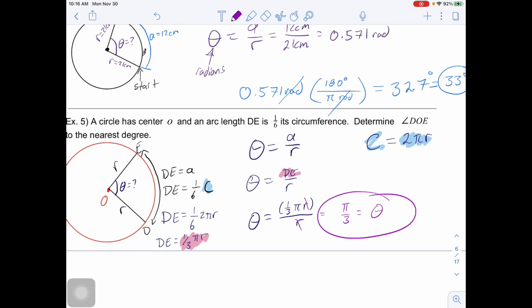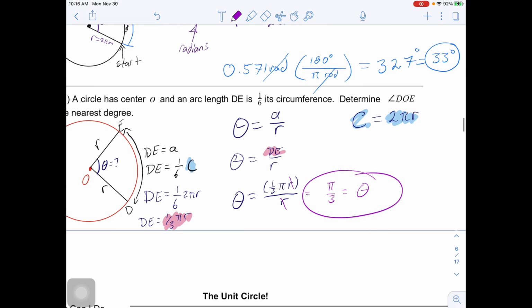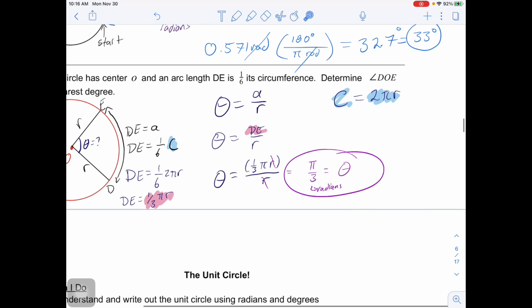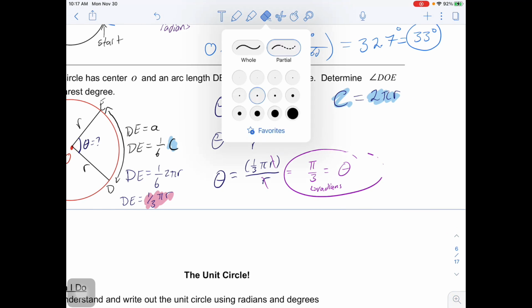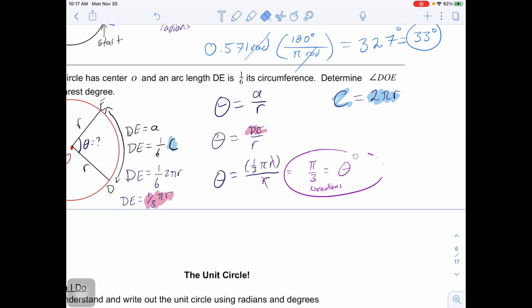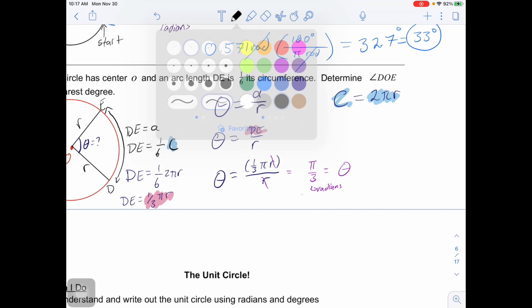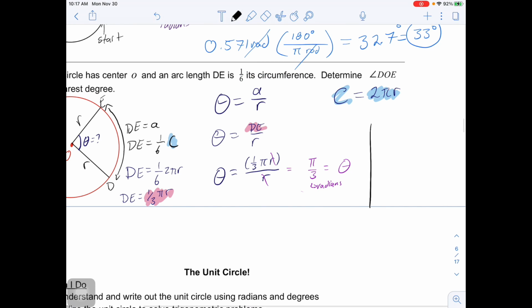And that would be, well, it in radians, but of course it wants us to put it into the nearest degree. So I should actually erase the circle because this is not our final answer. And what we're going to do is we're going to convert to degrees.